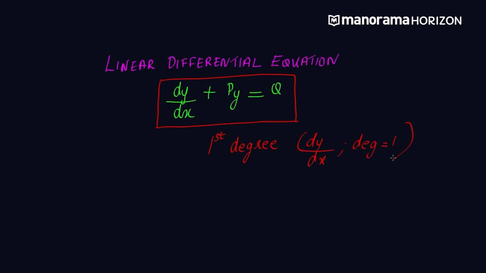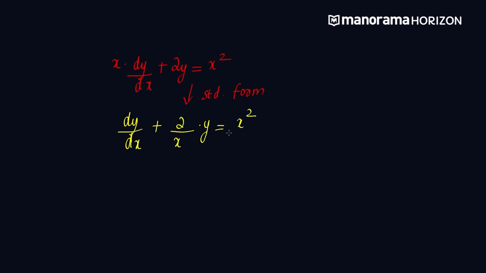Now, let's see how can we solve the linear differential equation x into dy by dx plus 2y is equal to x square. So, our first aim is to bring the given equation to the standard form. For that, we need to divide the entire equation by x. So, we get dy by dx plus 2 by x into y is equal to x square by x.